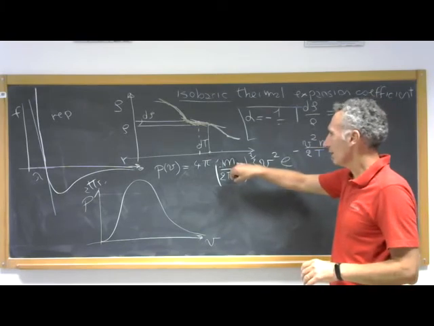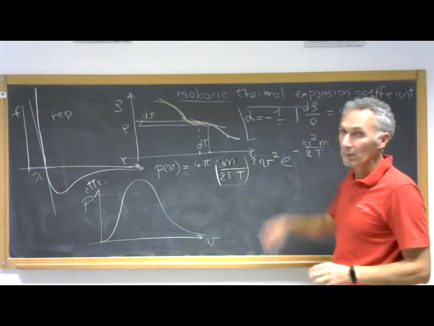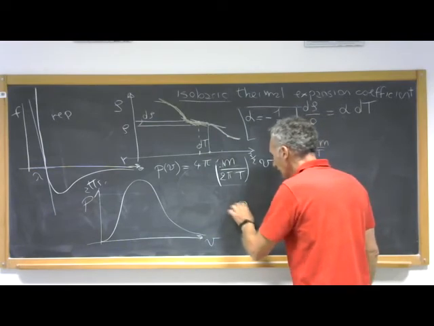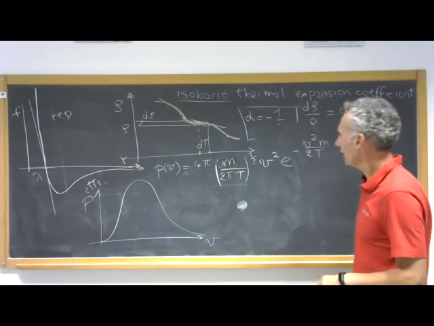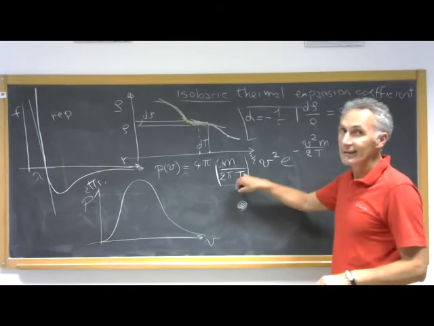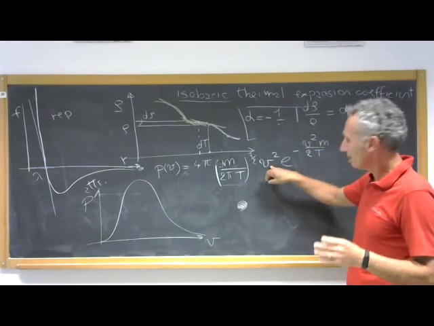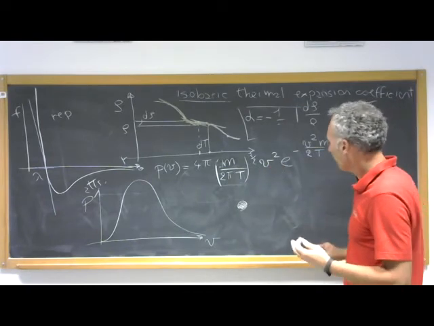So let me specify. What is m? m is the mass of the units moving of the gas. T is the absolute temperature. v is the velocity. Now, what are we saying?